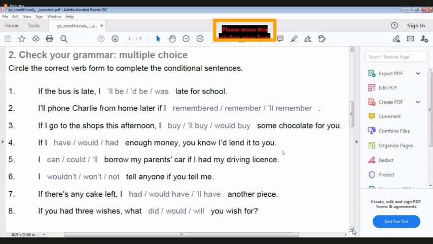Will remember is future. Remember is the present. So if I remember, in the main clause, what is the tense in first conditional?